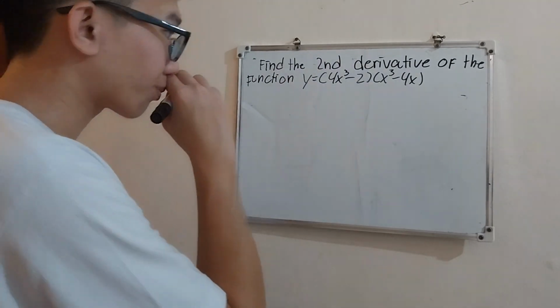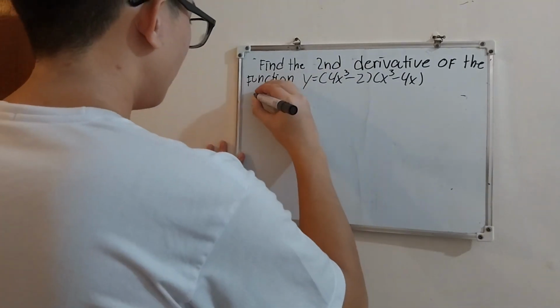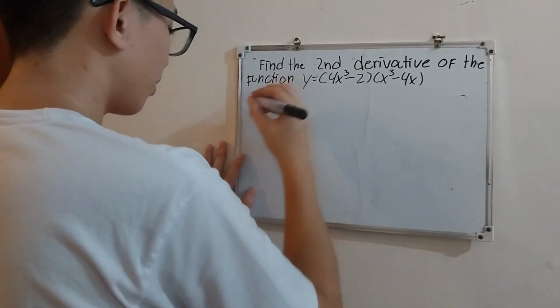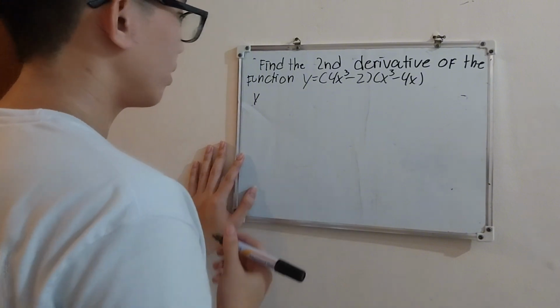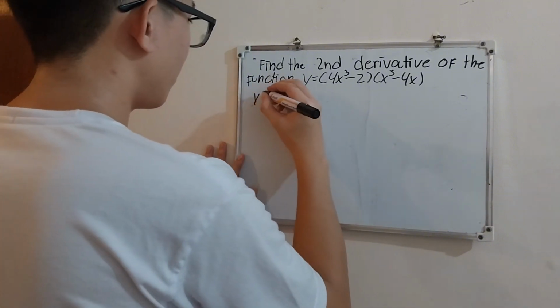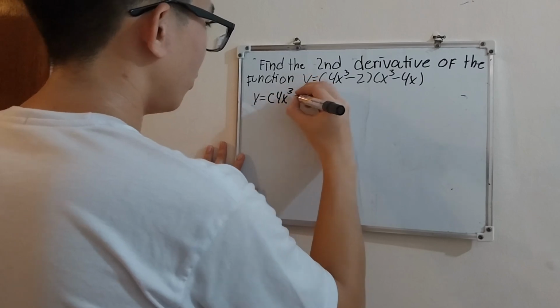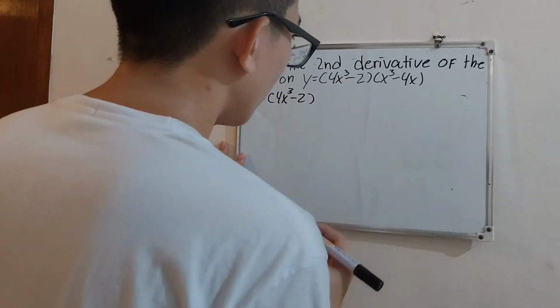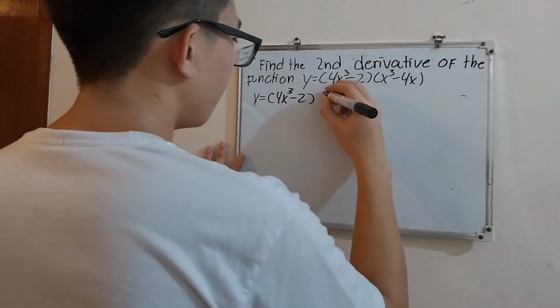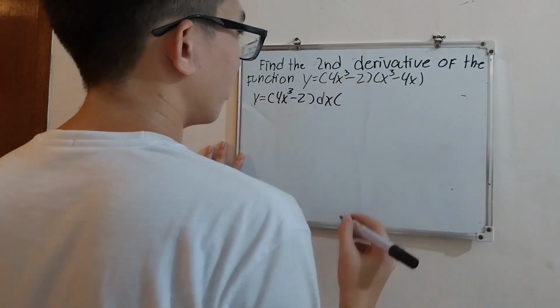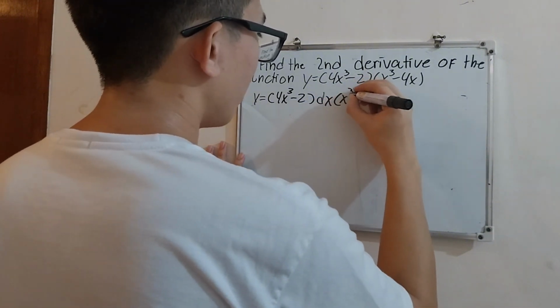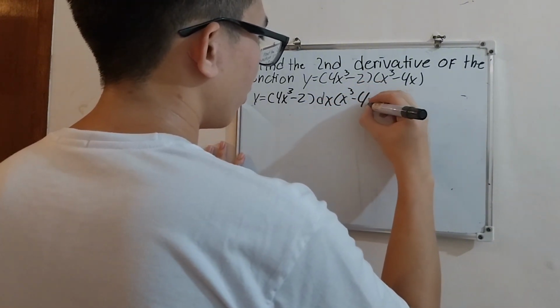First we'll write our first function, which is 4x cubed minus 2, and our derivative of the second function, which is x cubed minus 4x.